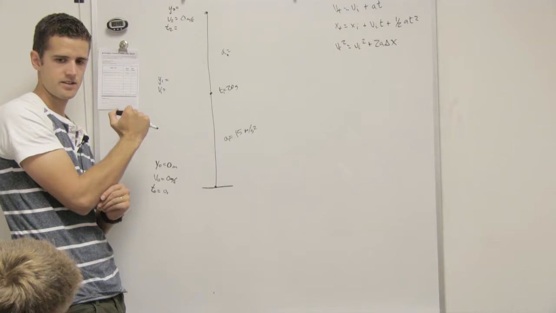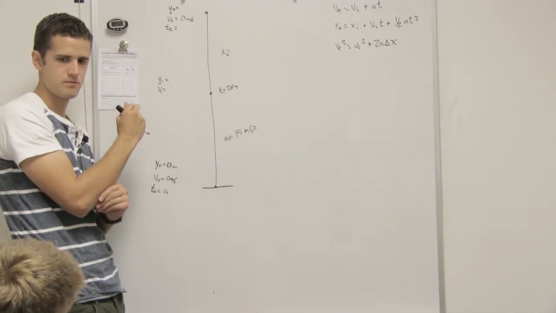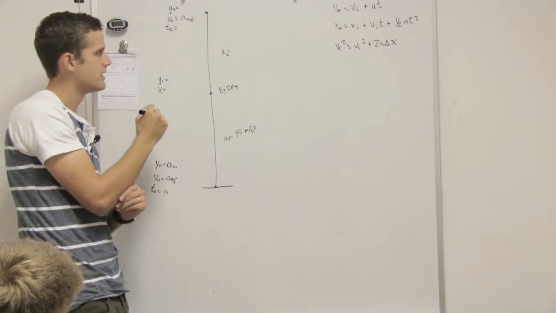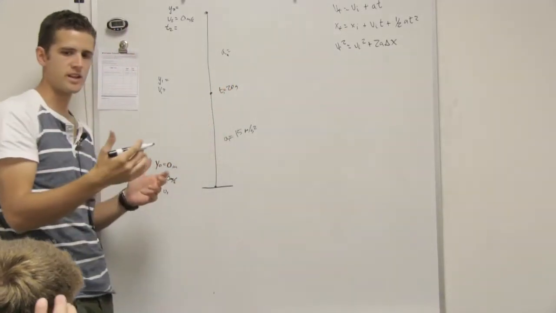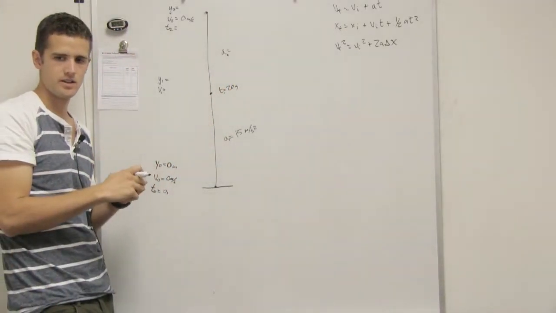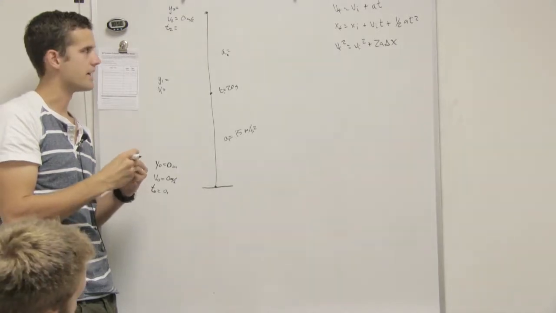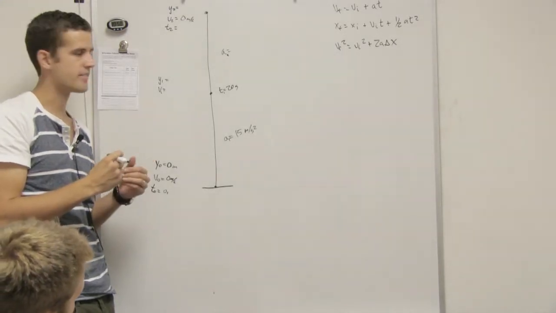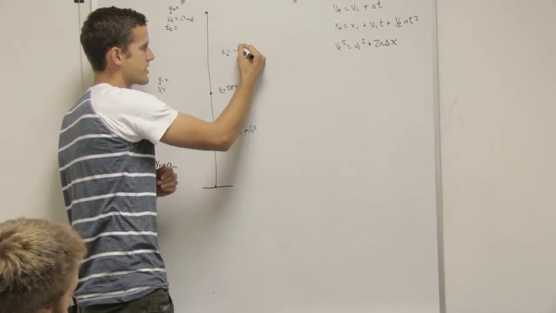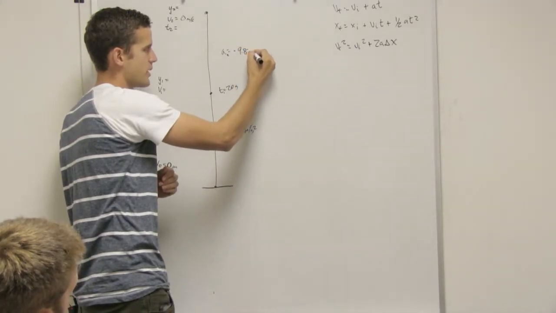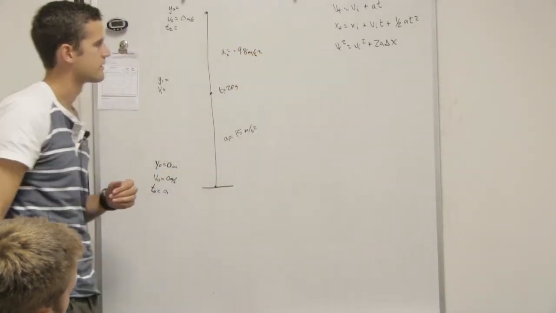It goes negative. So what's slowing it down? Lack of fuel, and the gravity. Exactly. So this would be the acceleration due to gravity, which is negative 9.8 meters per second squared.